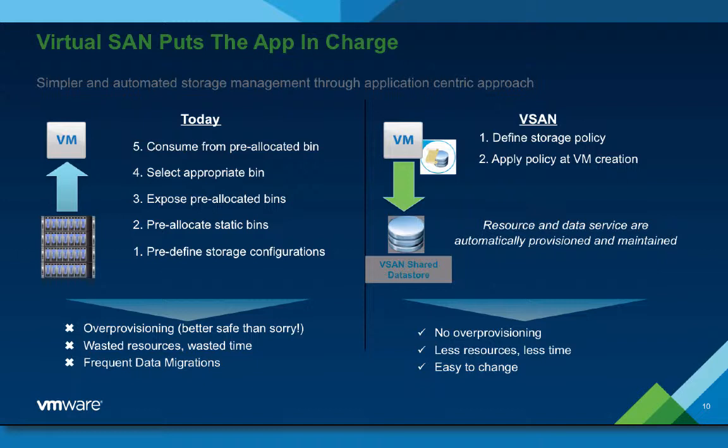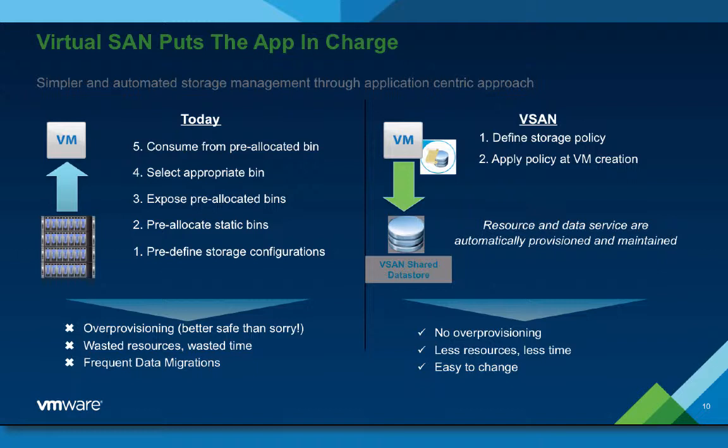This leads to a lot of data migration, wasted resources because we might not use every bin the same way at the same time. And we can also grossly over-provision. After all, it's better safe than sorry. Virtual SAN takes a dramatically different approach. In fact, we reverse the entire script and say instead of having a bottom-up approach to storage, we're taking a top-down approach to storage.